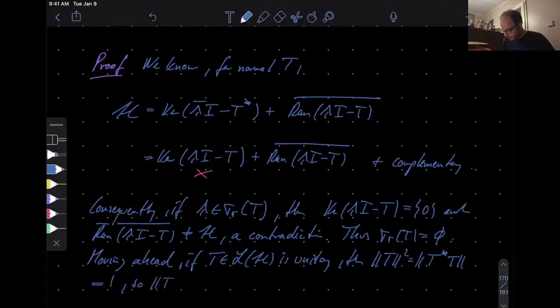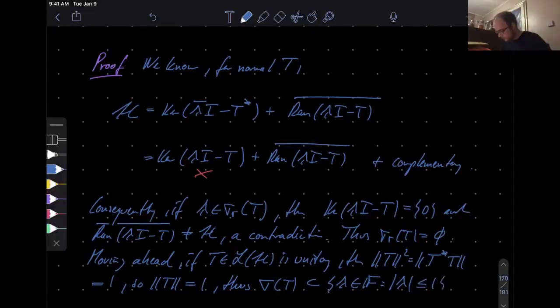So in other words, the operator norm being non-negative, the operator norm of a unitary operator is equal to 1. Thus, remember, the spectrum is always contained in a disk of radius at most equal to the operator norm. So that means already that the spectrum is sitting inside that unit disk in the complex plane if the field is the complex number field, or that unit interval from -1 to 1 if you're on the real line.